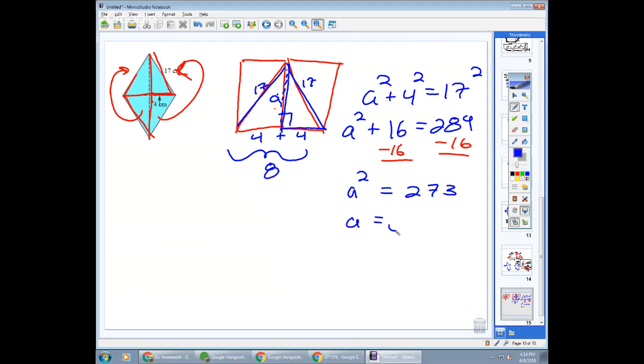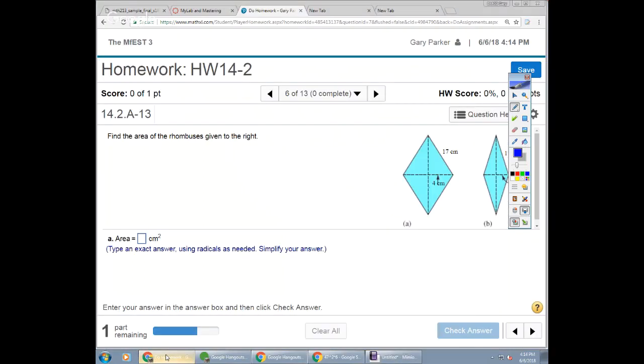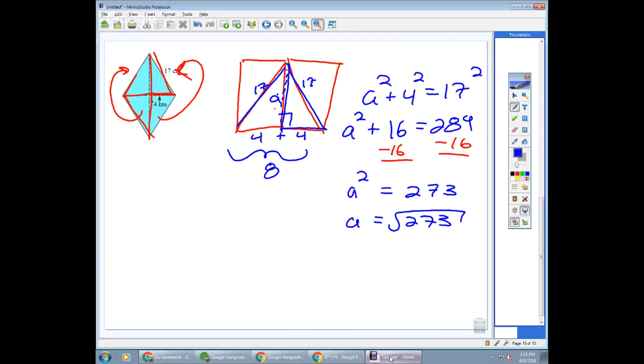So A is the square root of that. 273 is not a perfect square that I recall. That's probably going to be a messy number. Do they want an exact answer or a rounded answer? They want an exact answer using radicals, and we need to simplify the answer. That's where I was getting confused. I don't know how to simplify.